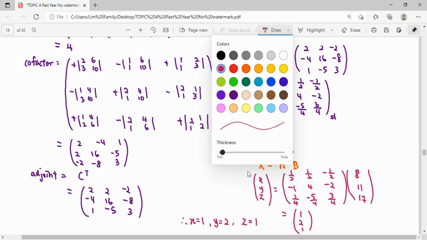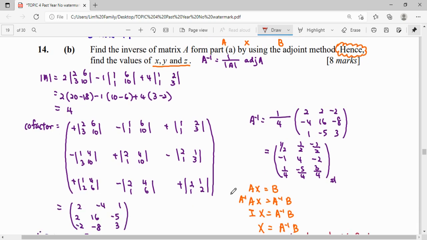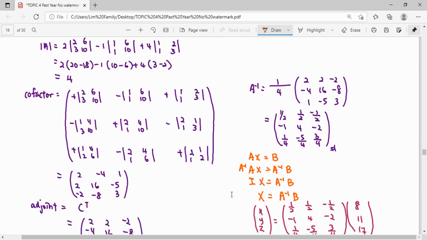So for this question, how are we going to get these 8 marks? First of all is performing our determinant, and then our cofactor, and get it to the adjoint, and then plug into the adjoint formula, find the inverse using the adjoint formula and answer.